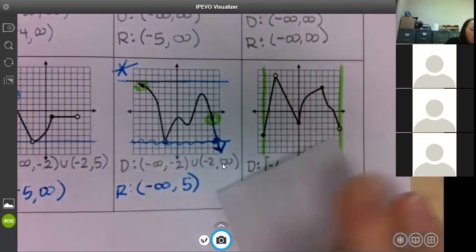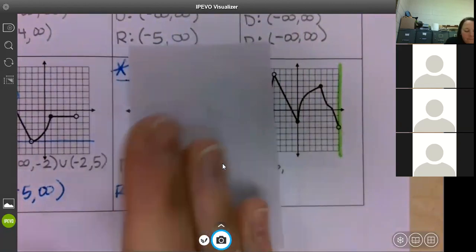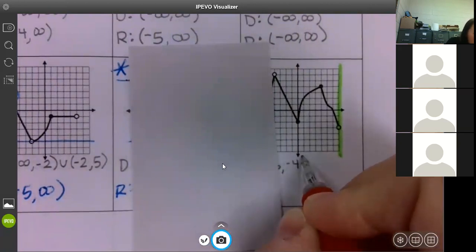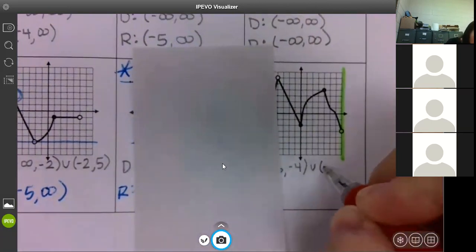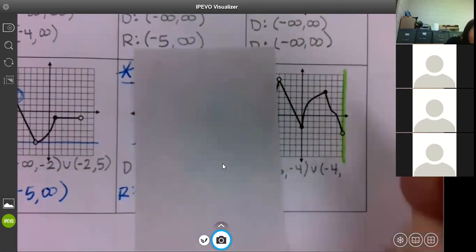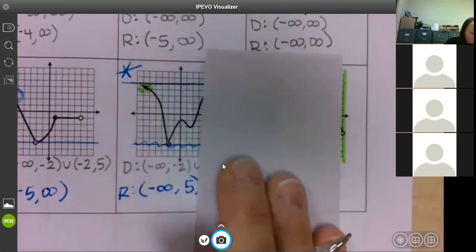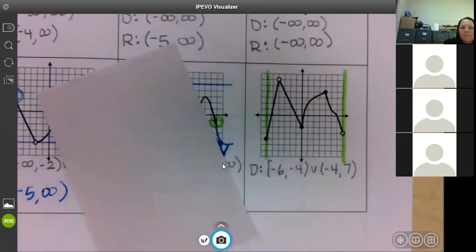As we go over, we see an open point at what? -4. And since it's an open point, we use parentheses. We pick back up where we left off, and we keep going until we get to the end or another open point, which is right here at what? 7. And since it's an open point, we use parentheses. Okay.